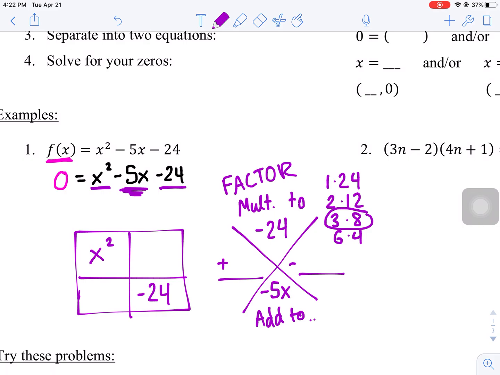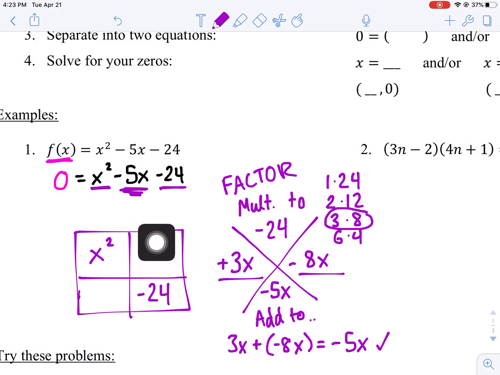And we're going to have positive 3x and negative 8x because our negative needs to be bigger to add to negative 5x. So at the bottom, I'm just going to write 3x plus negative 8x equals negative 5x. Check.